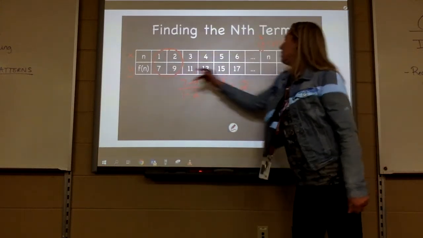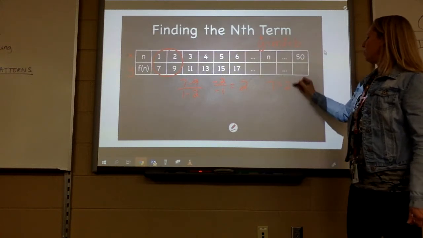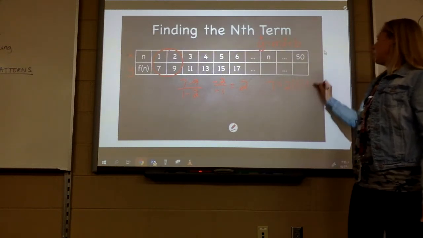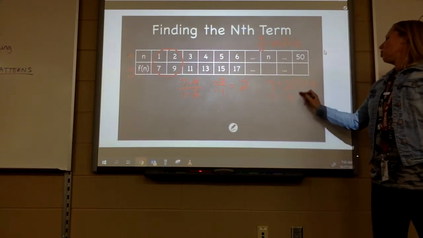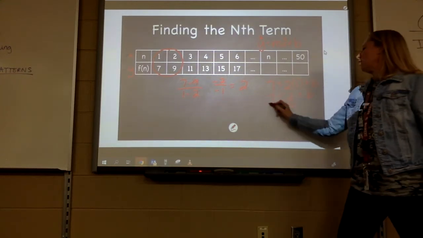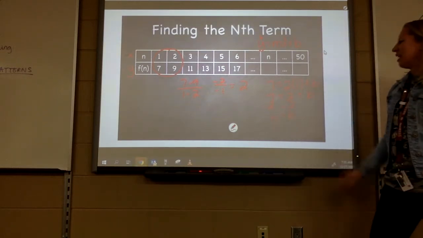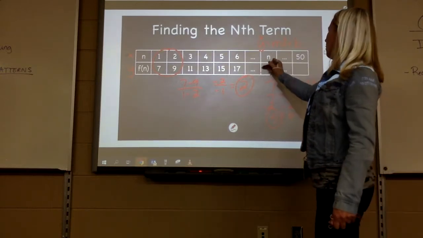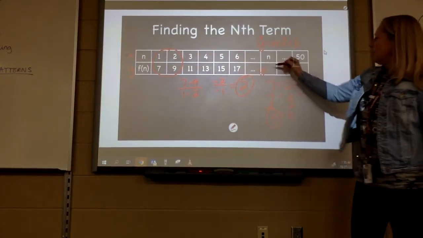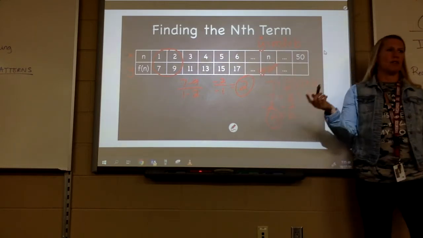So y is 7, my slope is 2, x is 1, plus b. I'm still solving for b. 7 equals 2 plus b. Minus 2, what would b be? 5. So I've got my slope and my b. I can write the equation y equals 2x plus 5, or 2n. I have it either way in your assignment.